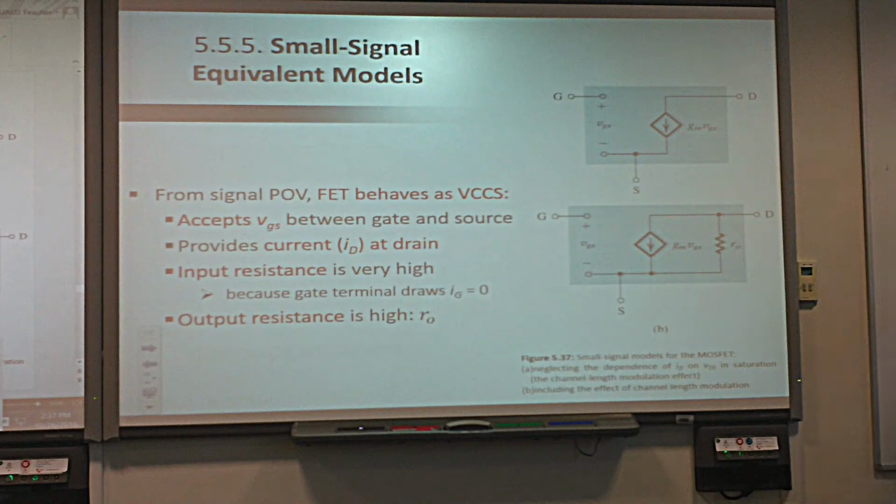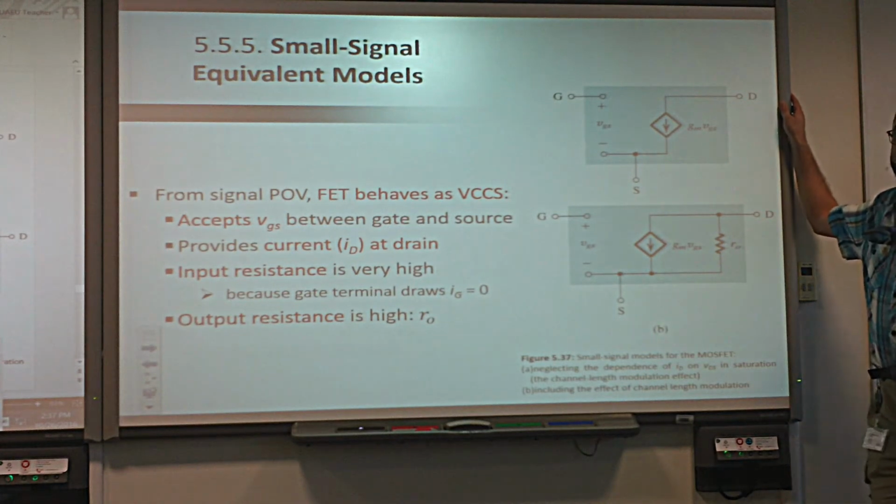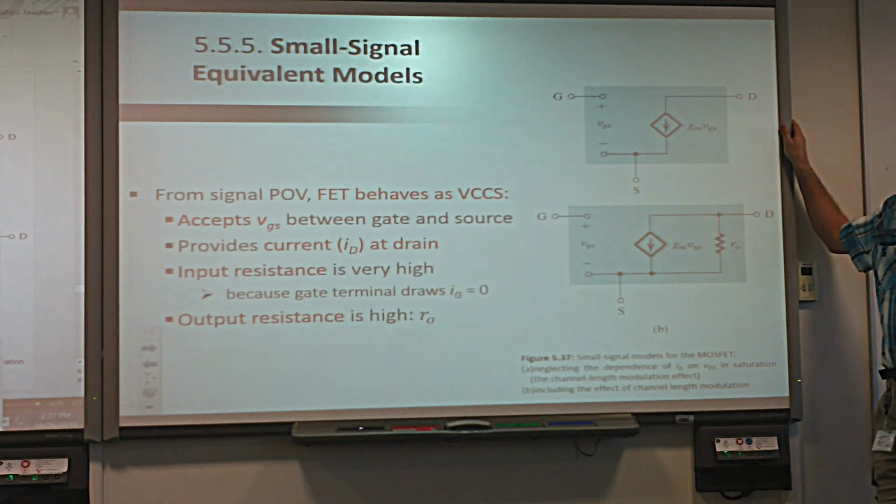Now we come to the small signal equivalent model. Remember in the diode, we talked about the small signal model. I told you that we are going to see it again, yes or no? Now we are seeing it again. What did we do with the small signal model of the diode?